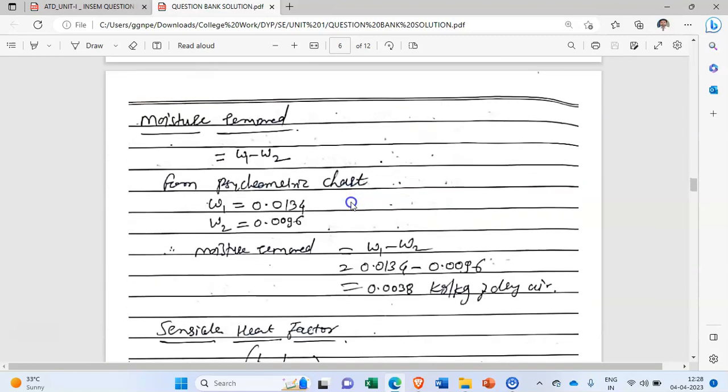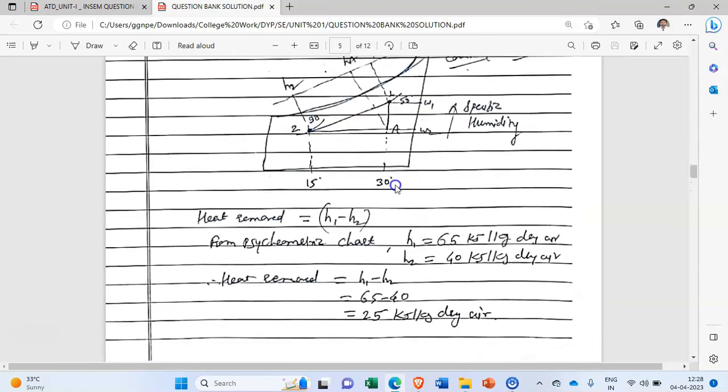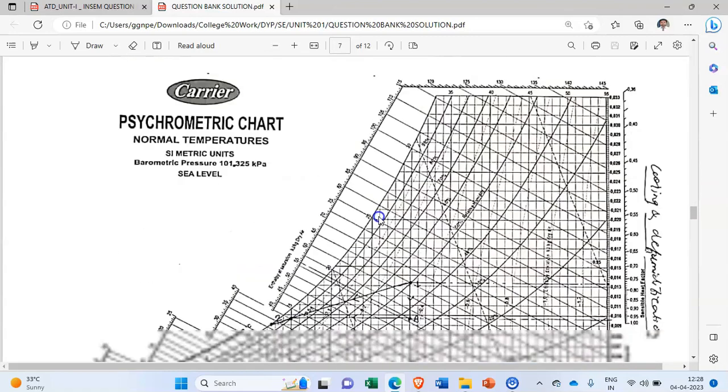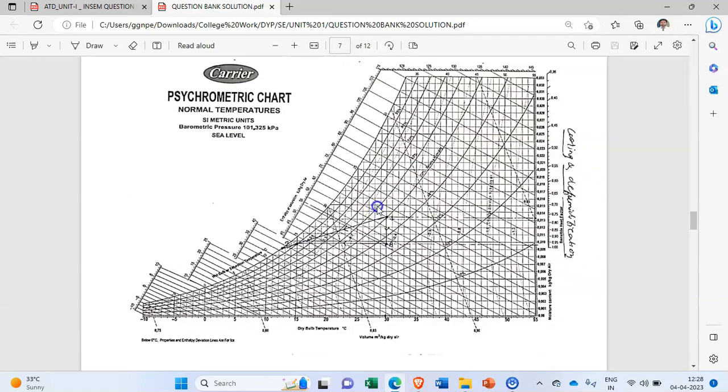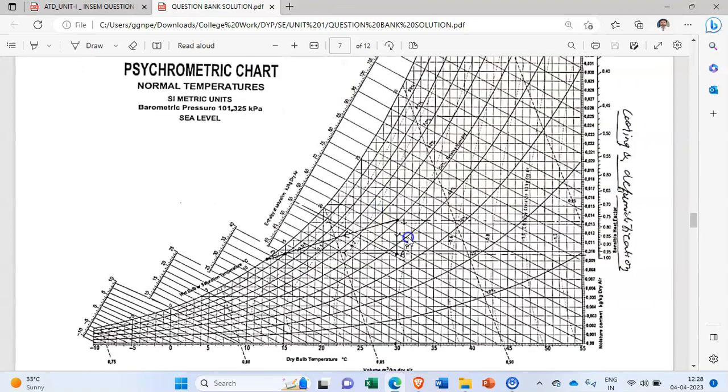From the psychrometric chart, whatever I have drawn here, we have to draw on the chart. So let us consider this is the chart. I hope you have taken the printout of the psychrometric chart that I shared with you. Now let me draw here.